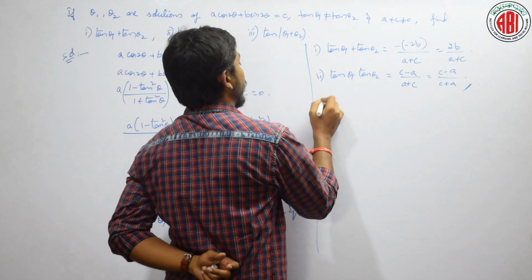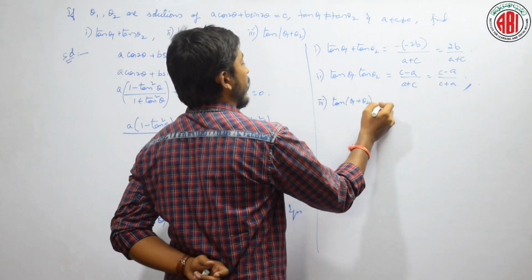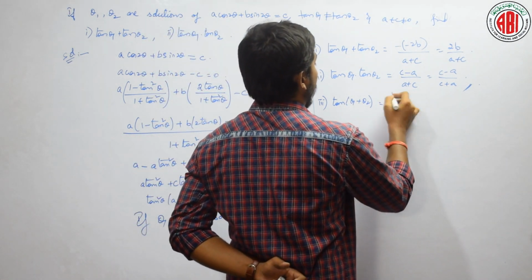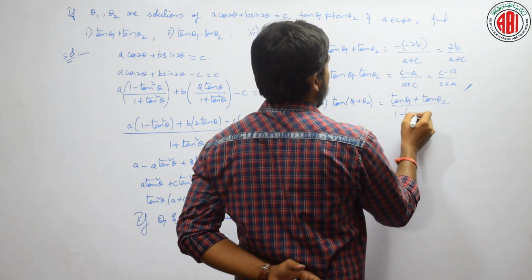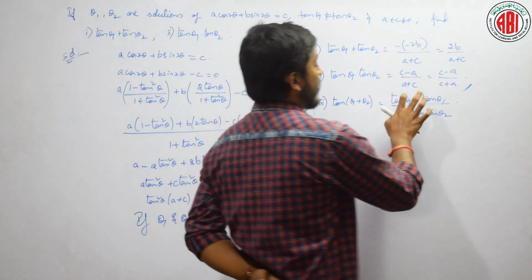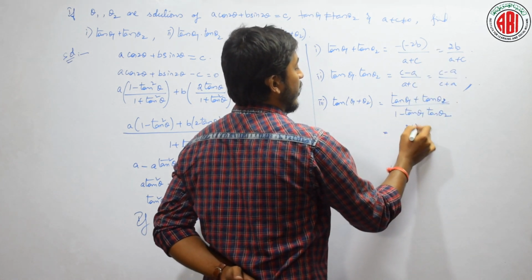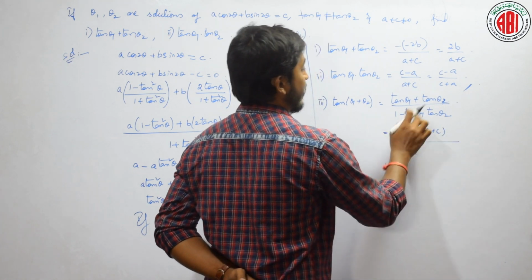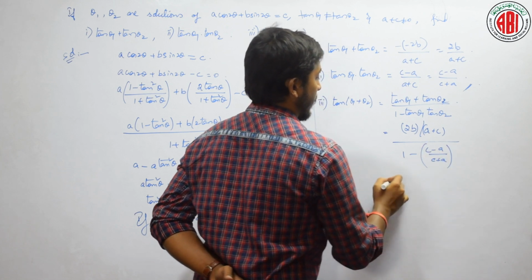Let us do it. What is tan of (theta 1 plus theta 2)? What is the tan of (a plus b) formula? Tan a plus tan b by 1 minus tan a tan b, right. So tan theta 1 plus tan theta 2 is 2b divided by (a plus c), whole divided by 1 minus tan theta 1 tan theta 2, which is (c minus a) by (c plus a).